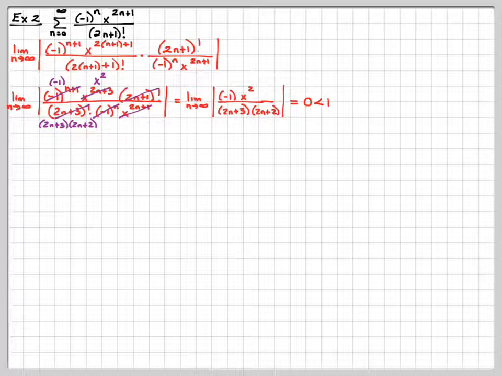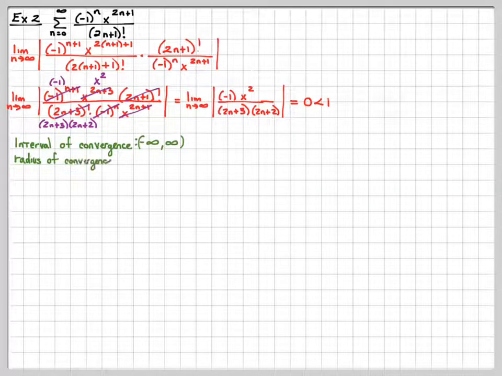So it's going to converge to 0, which is less than 1, which means that the interval of convergence is infinity, and the radius of convergence is infinity as well.